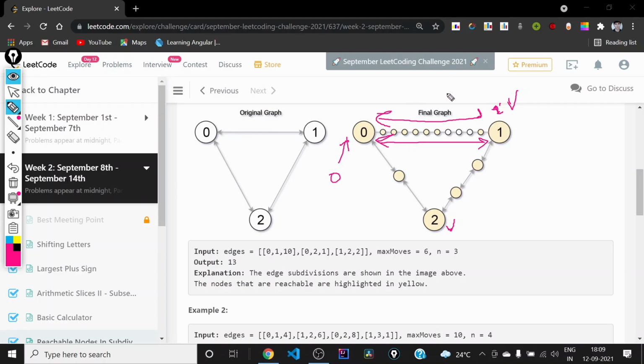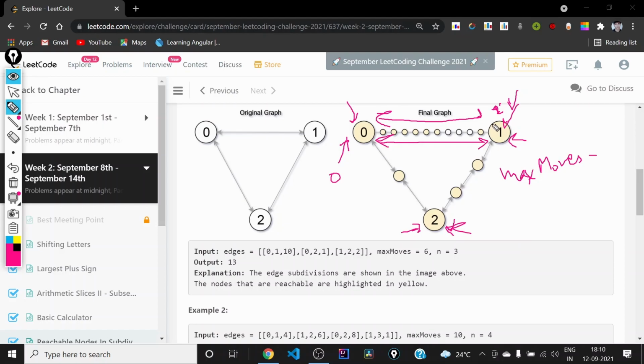So after doing that, we will have the distances of every node from node number 0, and if we know the distance of these two nodes, we can easily find how many nodes in between them are reachable from node 0. Any node is reachable if it has distance less than or equal to max moves. So the number of nodes reachable from this node will be max moves minus the distance of this node.